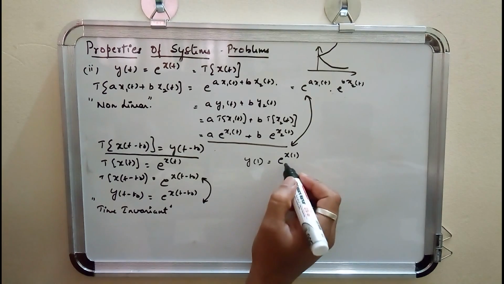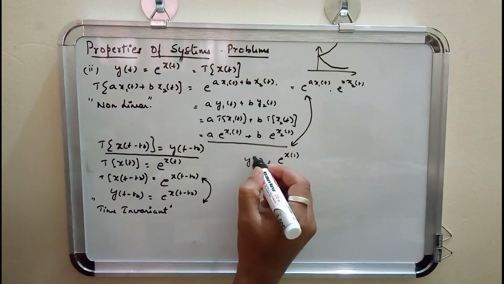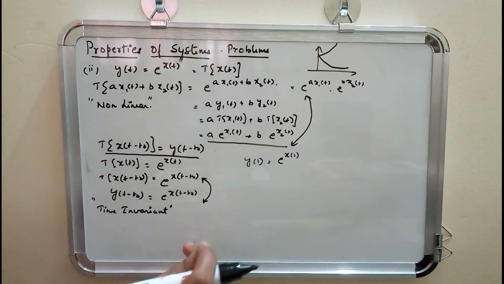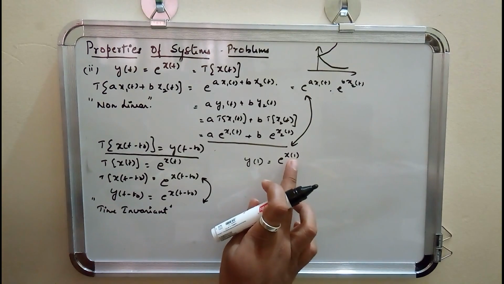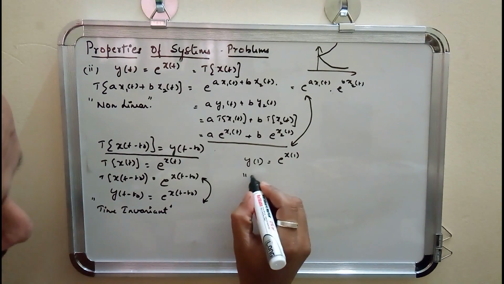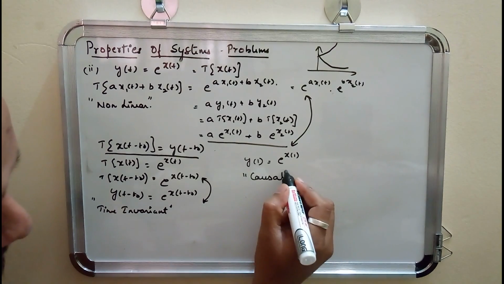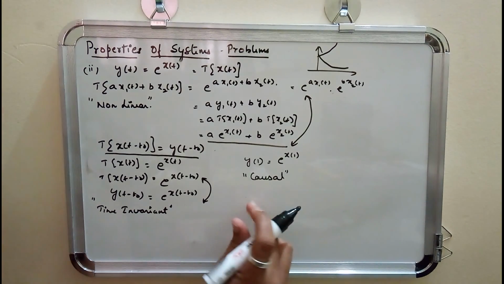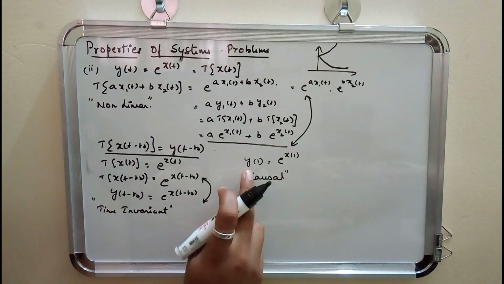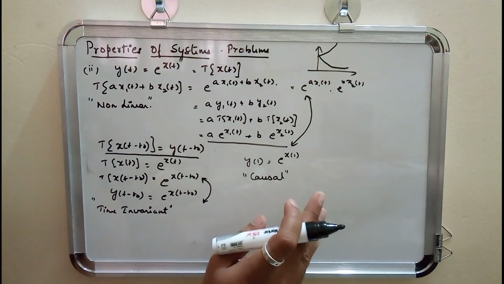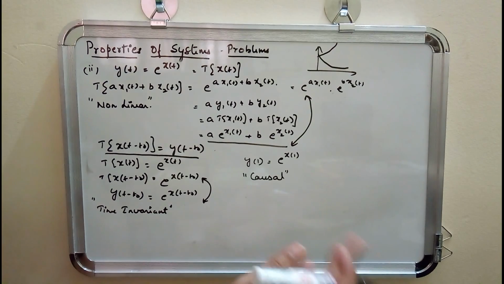Since the output at one instant depends upon the input at the same instant, the system is causal. The catch criterion for causality is that the output at one instant should not depend upon the input at a future instant.